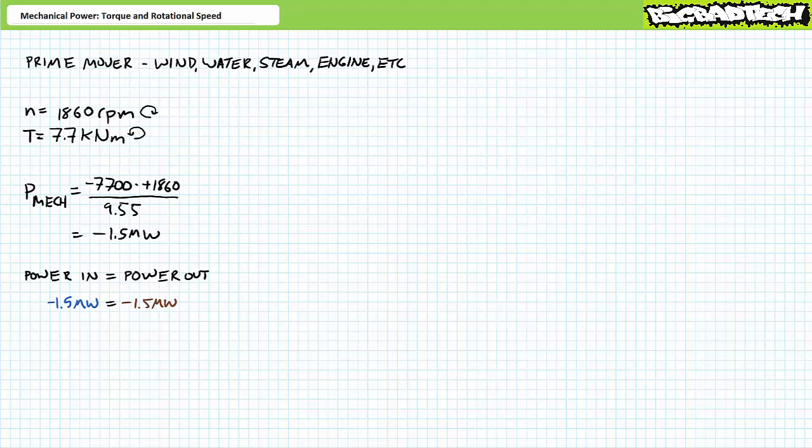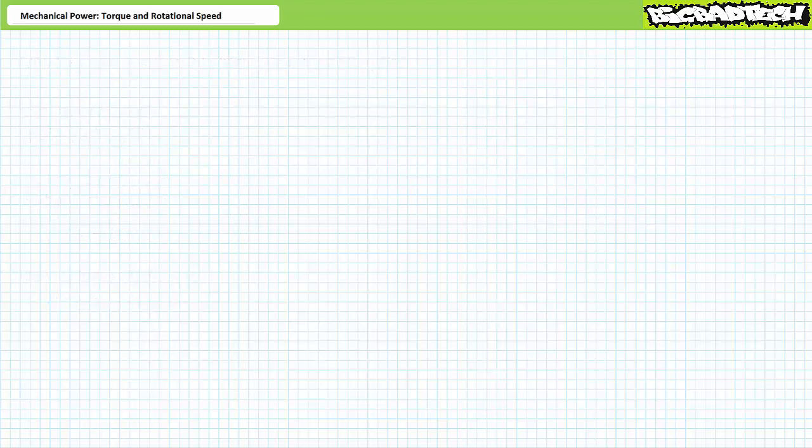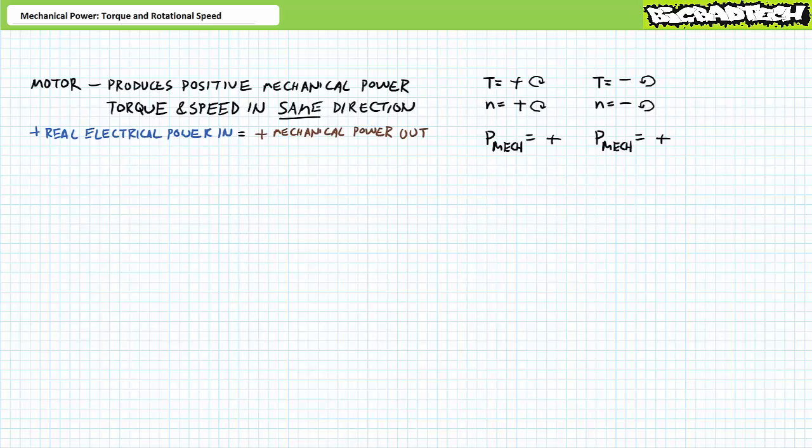Polarity and consistency matter. If we stick with our earlier definitions, i.e. positive clockwise, negative counterclockwise, and power in always equals power out, we can make some pretty reliable predictions about motors and generators, both of which should be readily obvious. A motor always produces torque in the same direction as rotational speed.